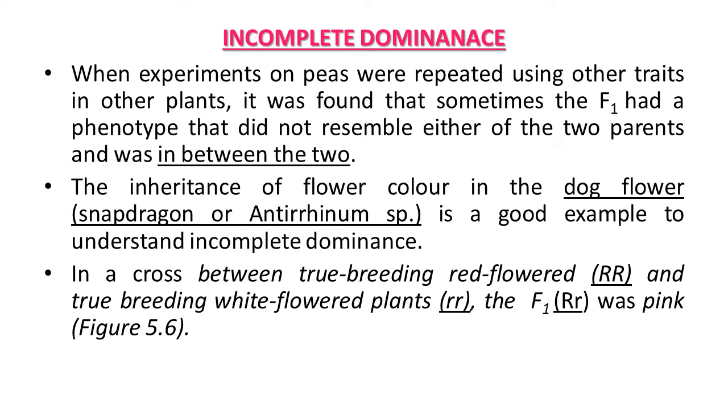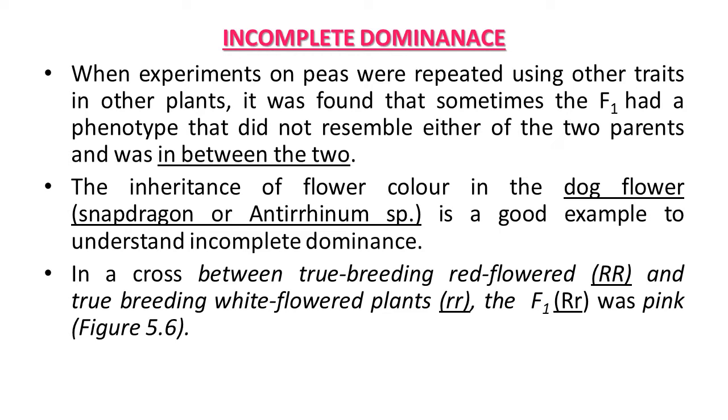The inheritance of flower color in the dog flower, that is snapdragon or Antirrhinum species, is a good example to study incomplete dominance. In a cross between a true breeding red flower, which possesses two dominant alleles R, and a true breeding white flower, which has both recessive alleles r, the F1 generation shows the genotype R r.